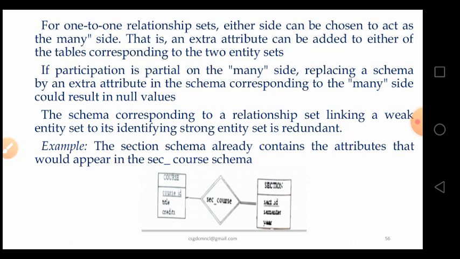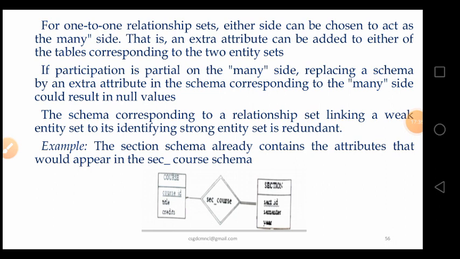Section ID, semester, year are the attributes of the section schema. The section schema is many to one related to course. That means a one to many relationship. These are the redundancy of schemas.